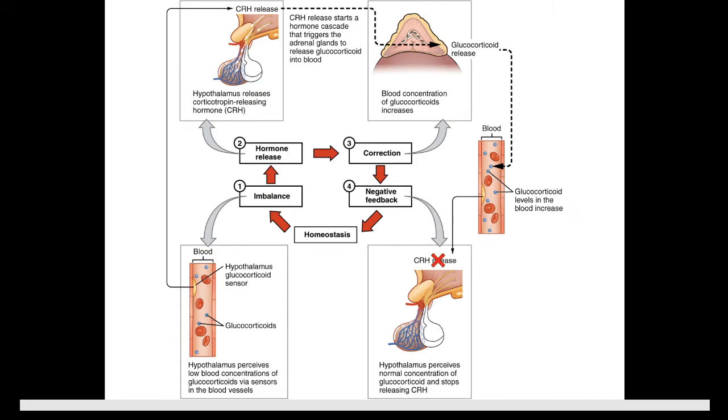There is a lower concentration in our body, and those signals are picked up by neurotransmitters. The neurotransmitters pass the signal to the hypothalamus. The hypothalamus releases corticotropin releasing hormone.